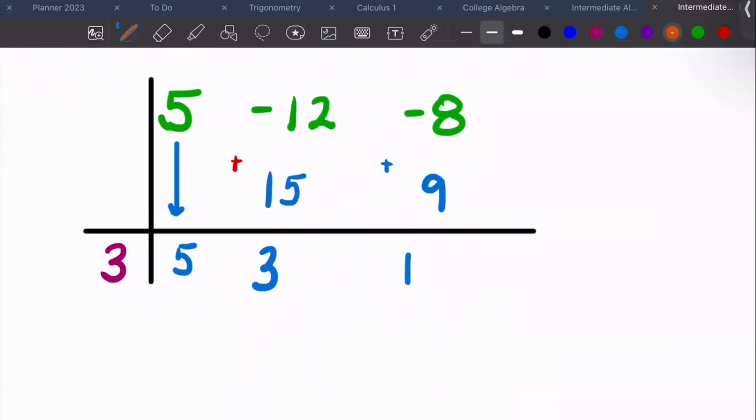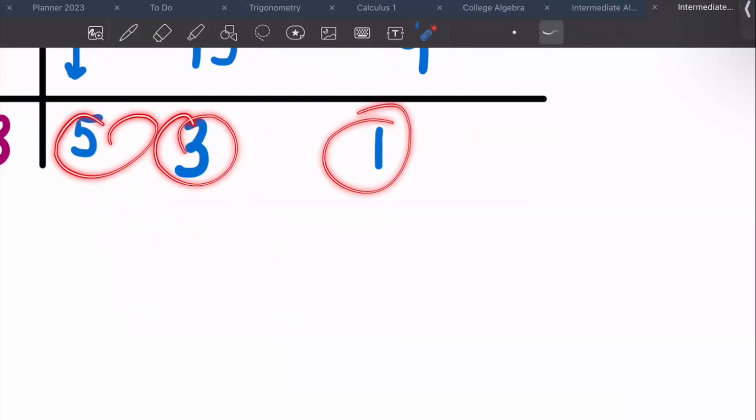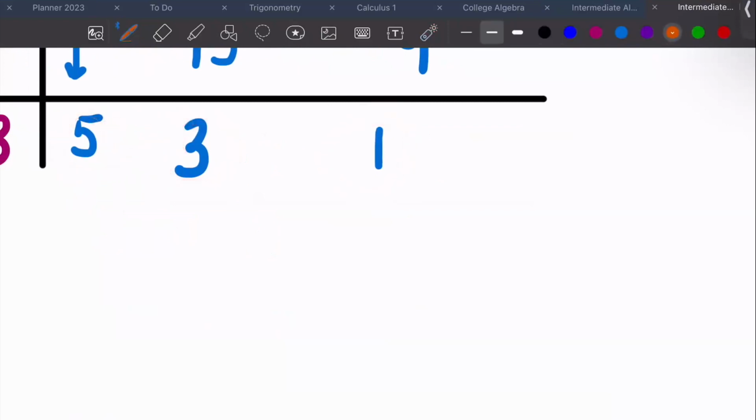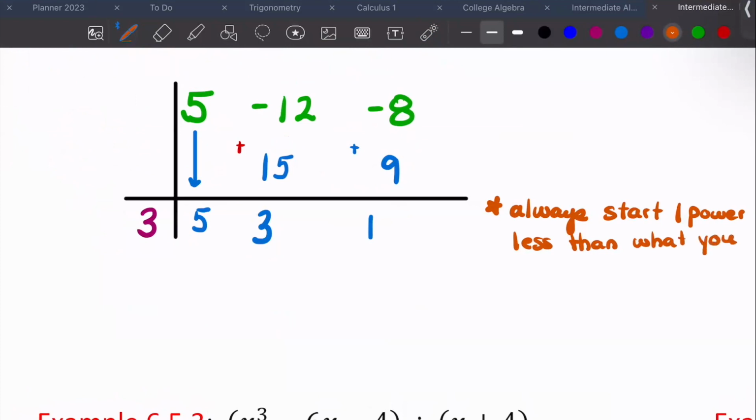And so now all we have to do is write our answers using 5, 3, and 1. Those are going to be our coefficients. And your rule is you always start 1 power less than what you started with.